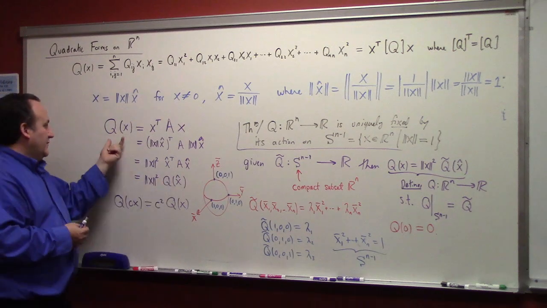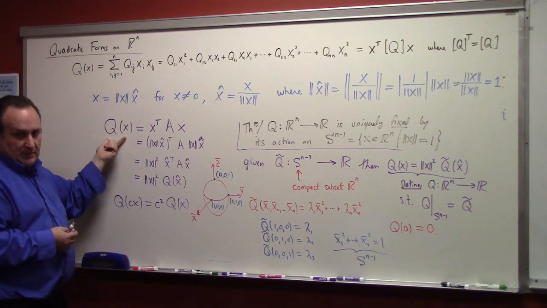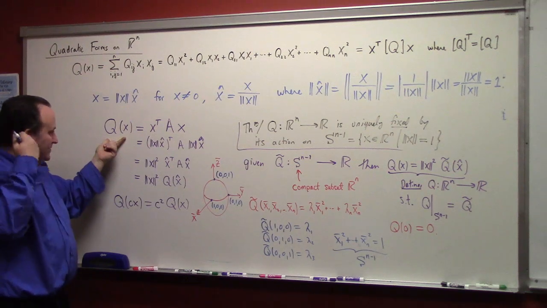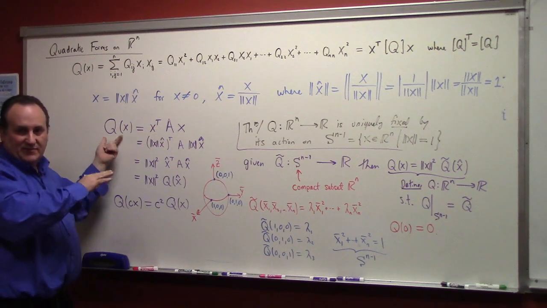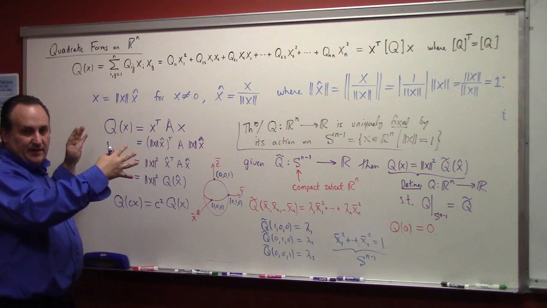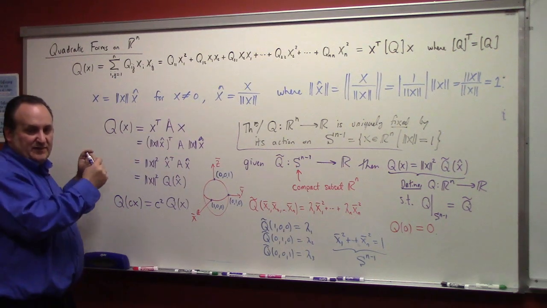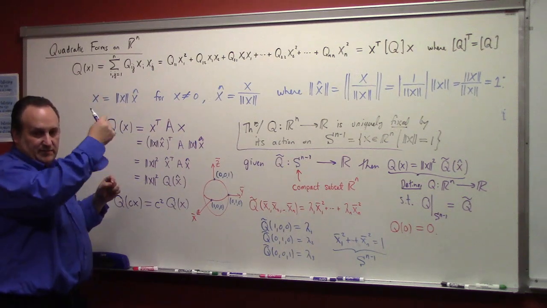So if I want to make this as big as I can at a given distance from the origin, I want to find the direction which corresponds to the maximum eigenvalue and follow that out to that point.